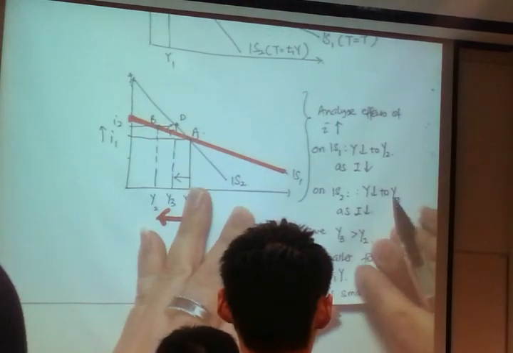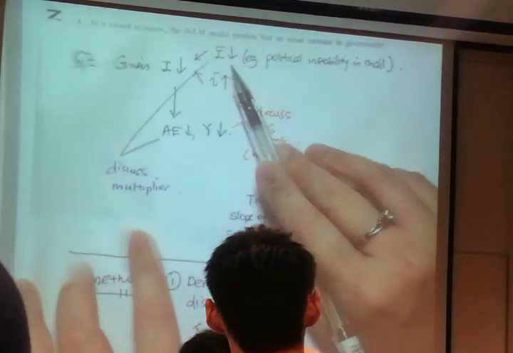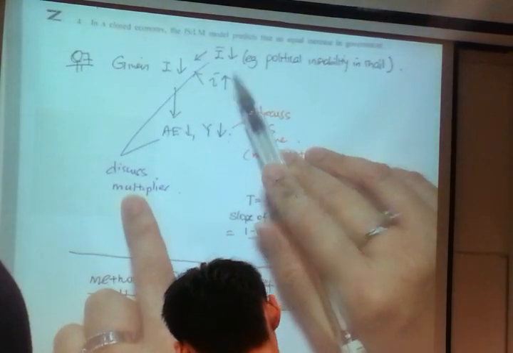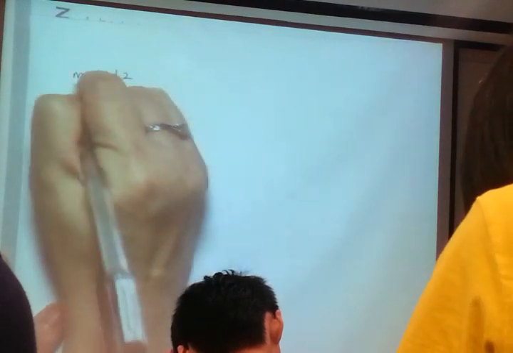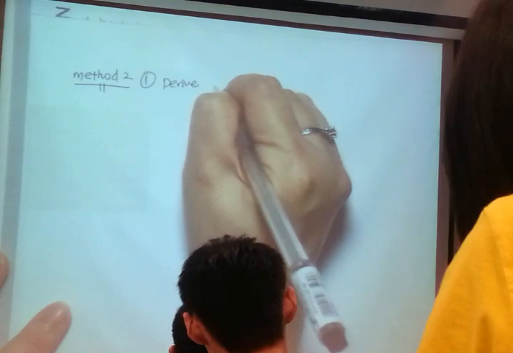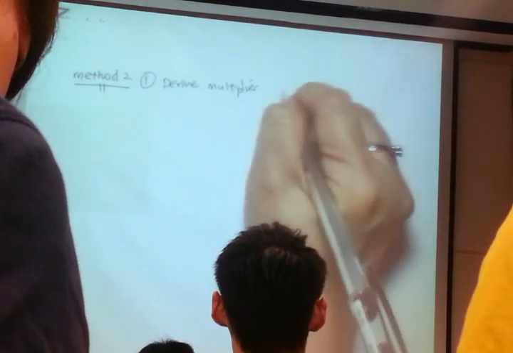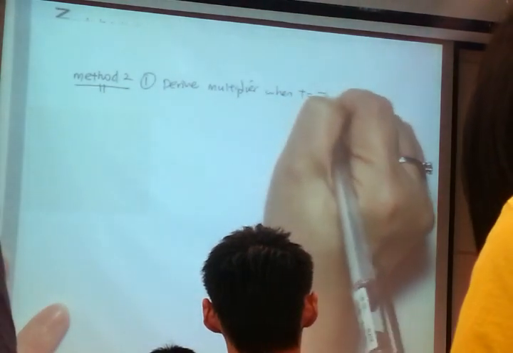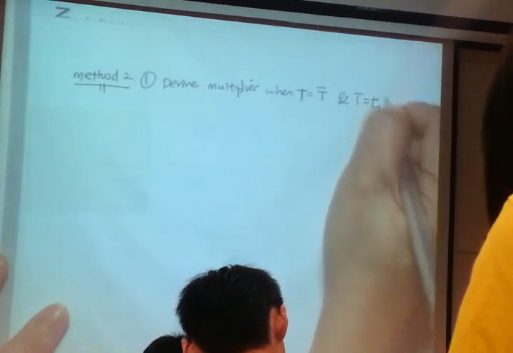Okay, so there's actually a second method to this question, which is the multiplier. Simply discuss the multiplier. You don't have to draw. Okay, you don't really have to draw. So method 2. All you need to do is to derive the multiplier when t is t bar and when t is t1.